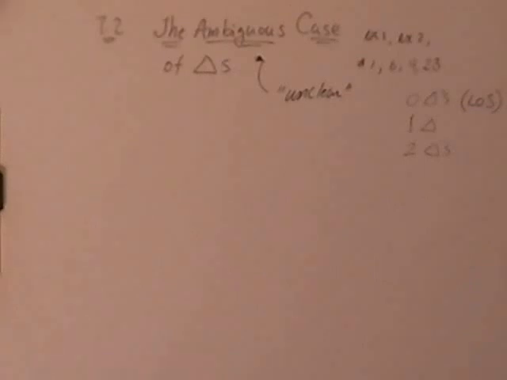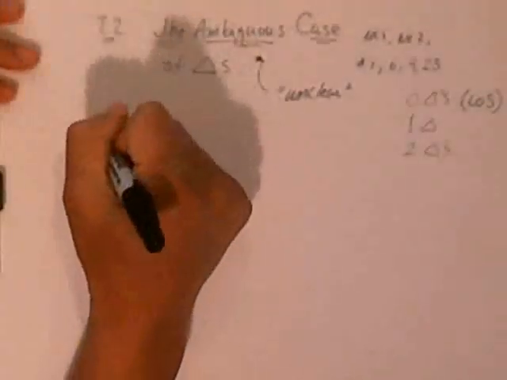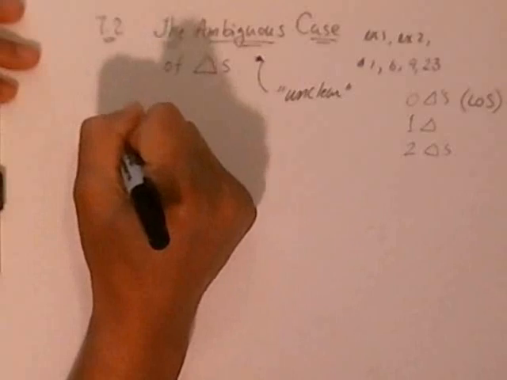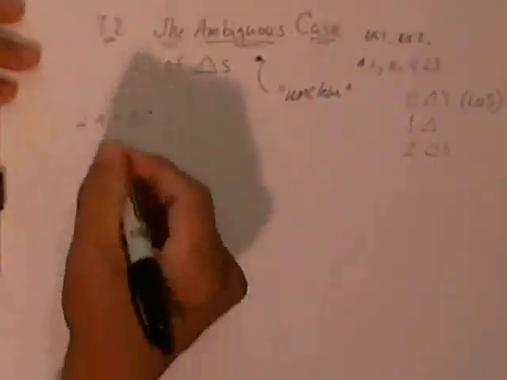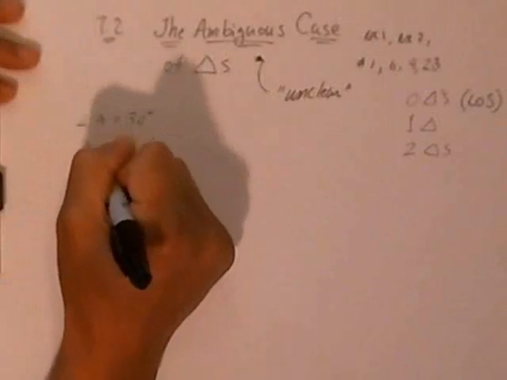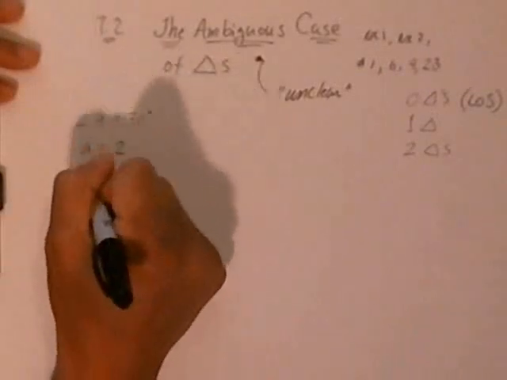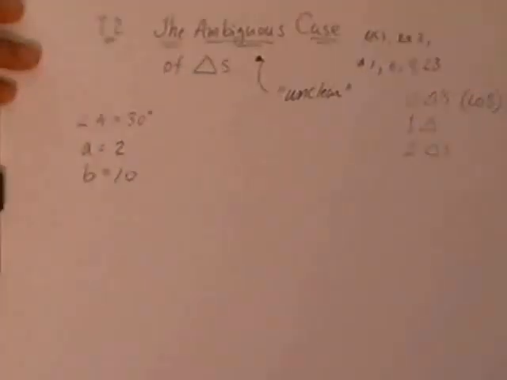So let's get started. The ambiguous case. I'm going to give you an example of what happens. Let's say for instance the angle A is equal to 30 degrees. It's a real nice small angle, and little a is equal to, let's say, 2, and B is equal to 10.